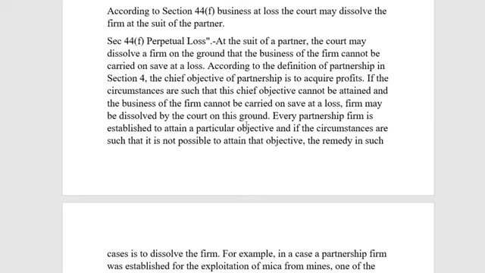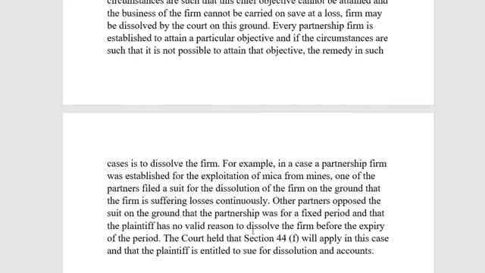So it is appropriate to close the business. Every partnership firm is established to attain a particular objective, and if it's not possible to attain the objective, the remedy in such cases is to dissolve the firm.